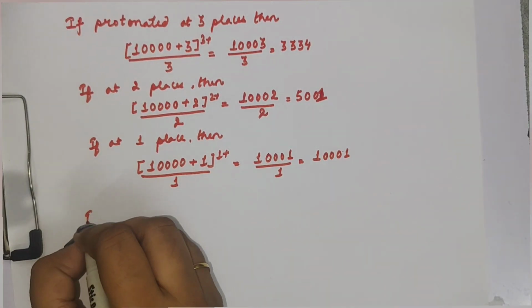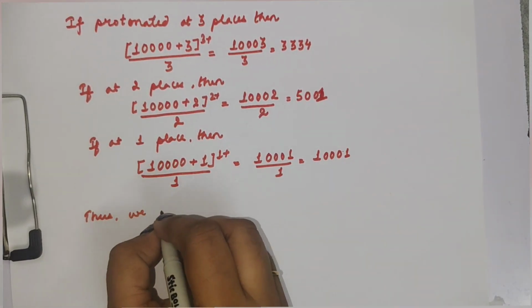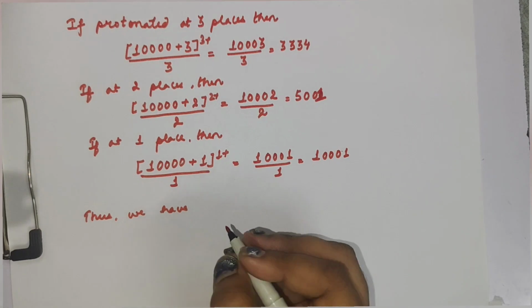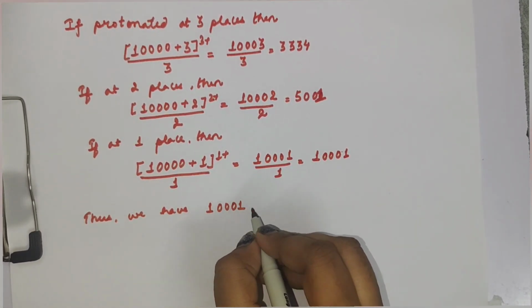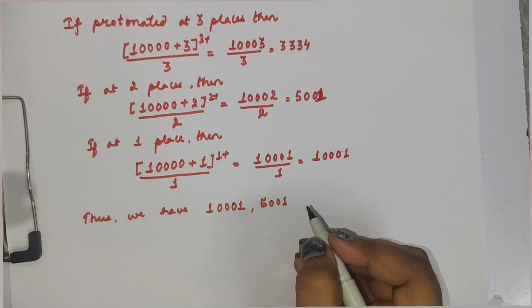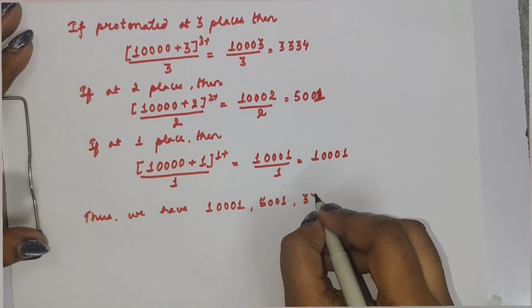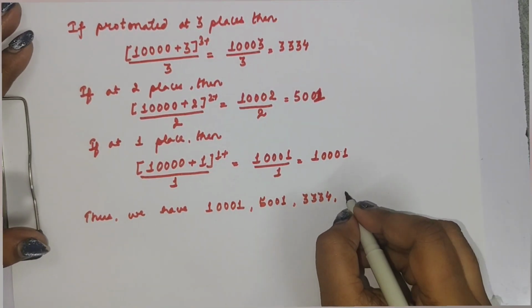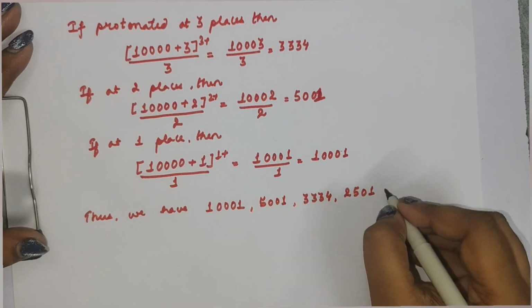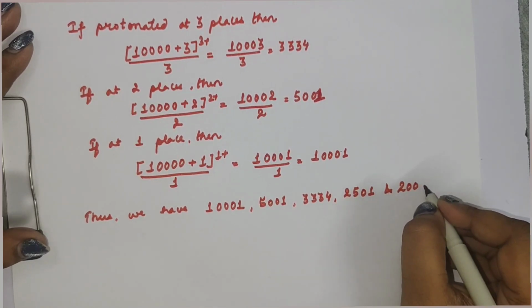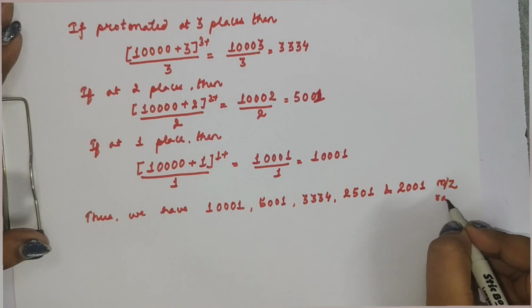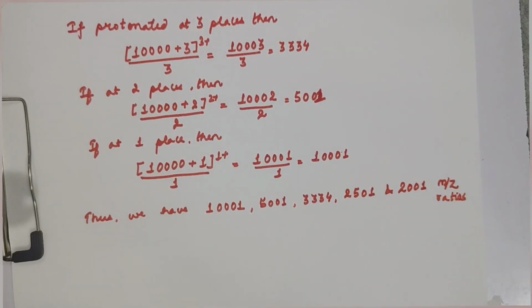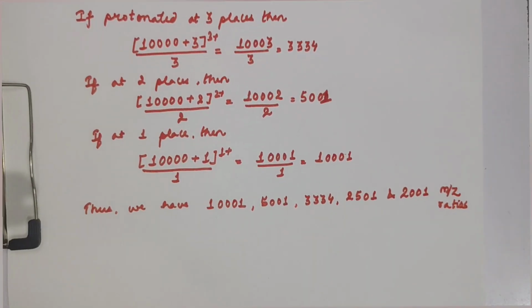So, for the protein we have taken, which had a molecular weight of 10,000 Dalton, we will get M by Z ratios of 10,001, 5,001, 3,334, 2,501 and 2,001.